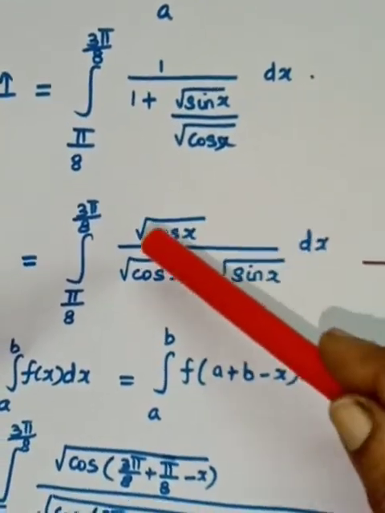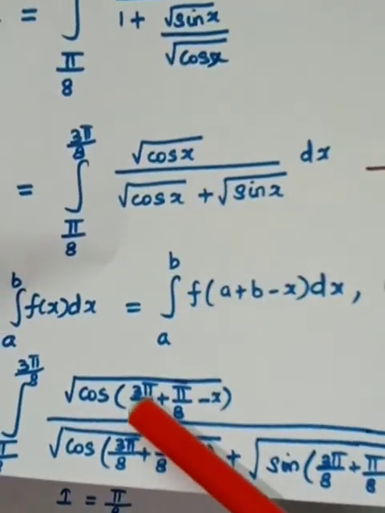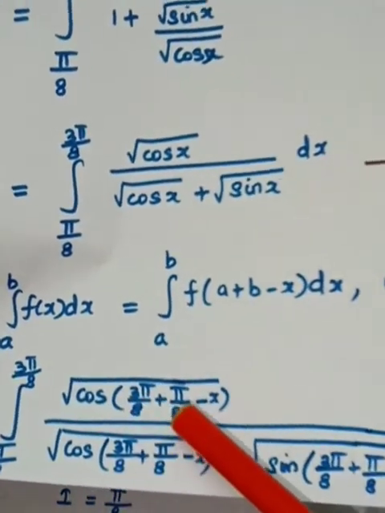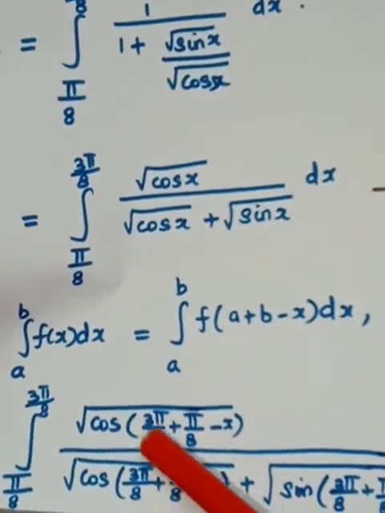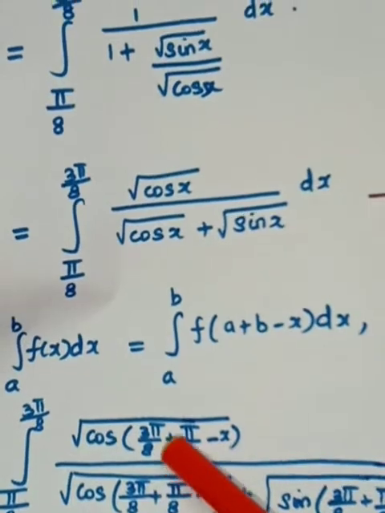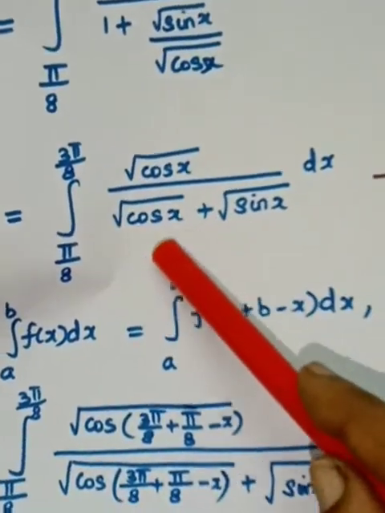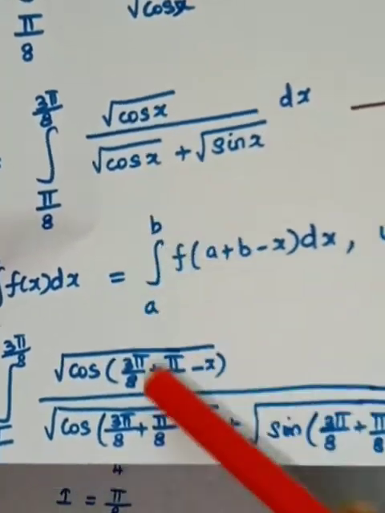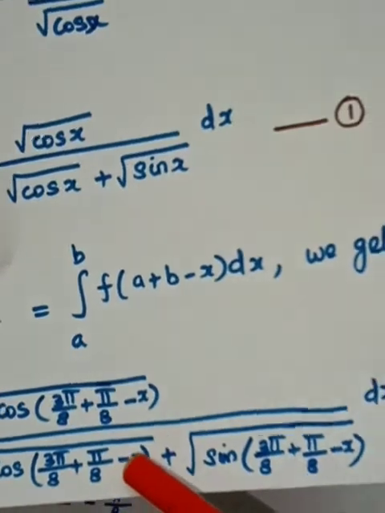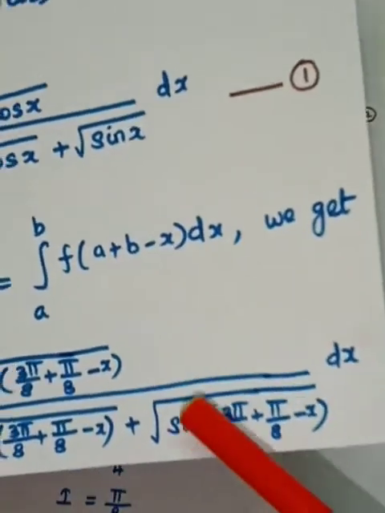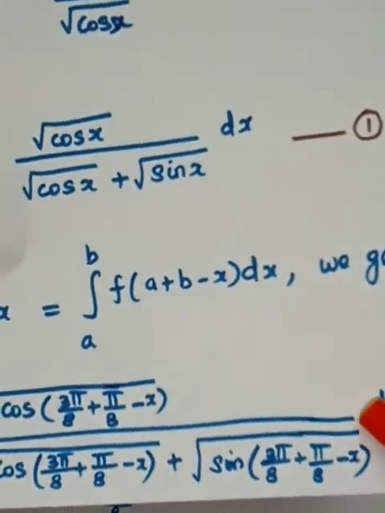Square root of cos of your x has to be replaced as 3 pi by 8 plus pi by 8. Or otherwise you can write pi by 8 plus 3 pi by 8. No problem. 3 pi by 8 plus pi by 8 minus x. And in the denominator also, wherever you are having x, it has to be replaced as pi by 8 plus 3 pi by 8 minus x plus sine of 3 pi by 8 plus pi by 8 minus x into dx.